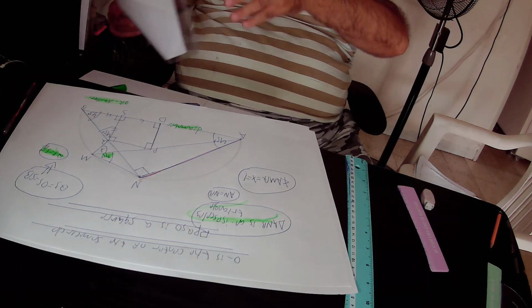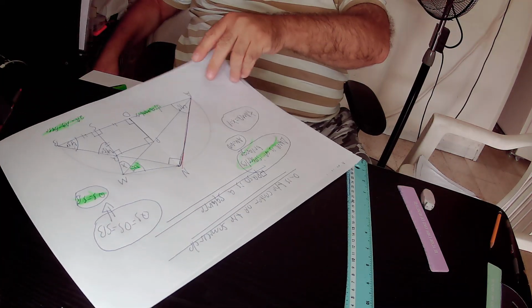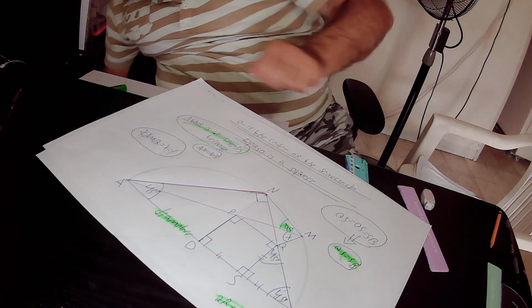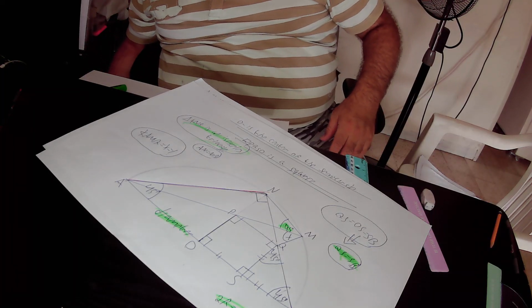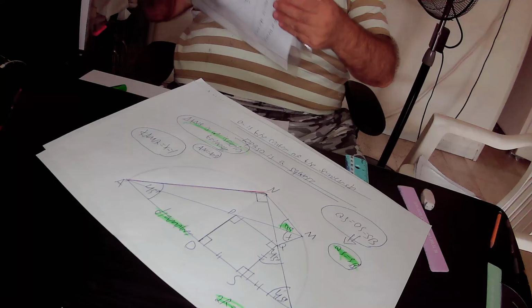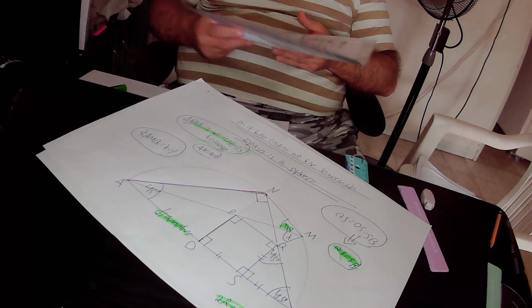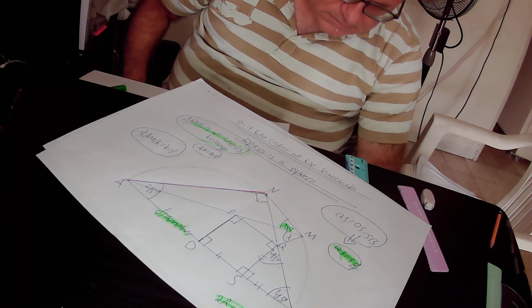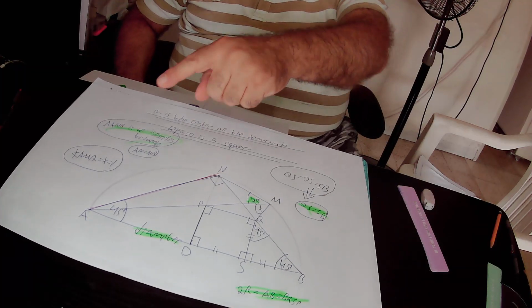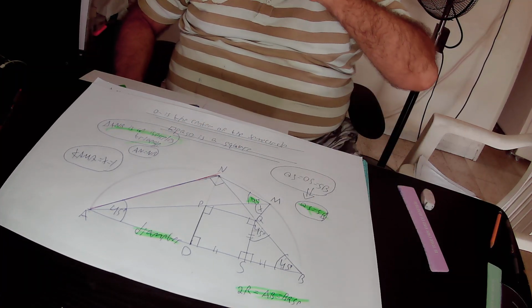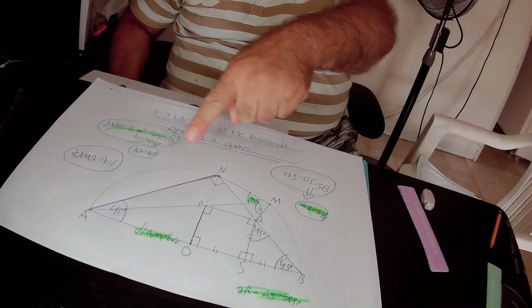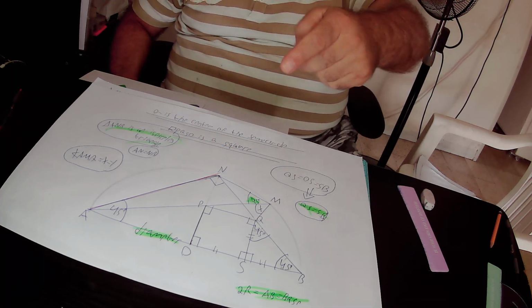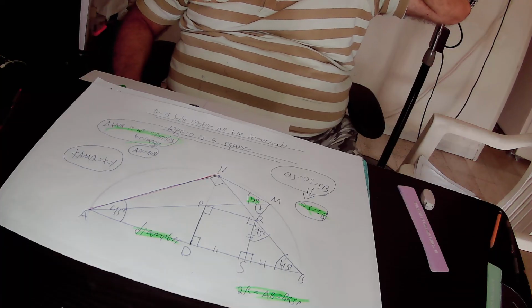Why? Because in our drawing we have the isosceles triangle, triangle NAB. In the isosceles triangle NAB, the perpendicular from point N to the base AB bisects the base AB according to rule 24.